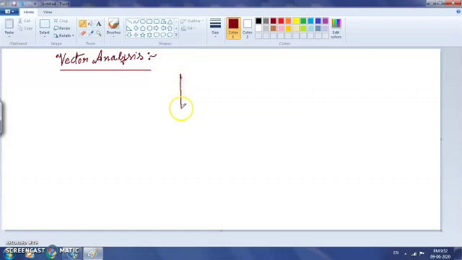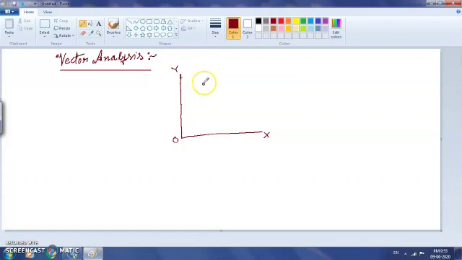That is the y-axis and this one is the x-axis. That is the origin. Let it be assumed that there is a point.